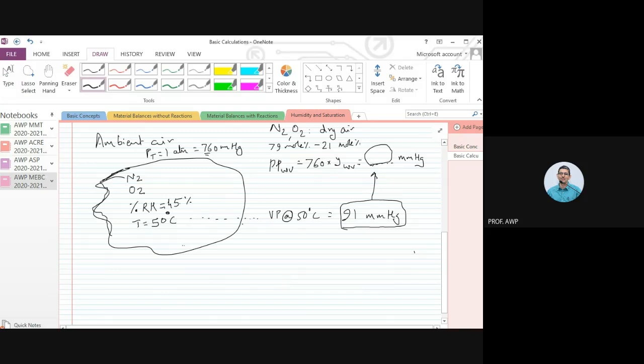The partial pressure of water vapor divided by the vapor pressure of water, times 100, is 45. So the partial pressure of water vapor would be 0.45 times the vapor pressure at 50 degrees centigrade, which is 91 mmHg.